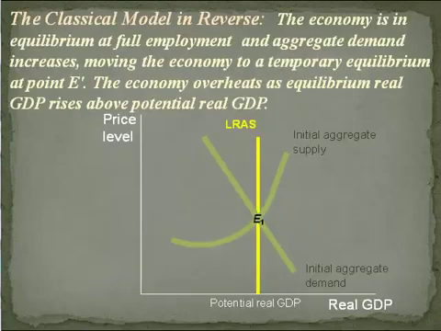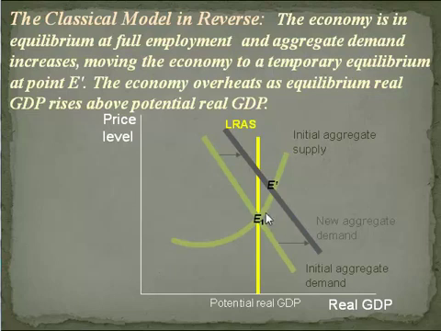So let's take a look at the classical model. The economy is in equilibrium at full employment and aggregate demand increases. As aggregate demand increases, it moves the economy to a temporary equilibrium point at E prime, right here. The economy overheats as equilibrium real GDP rises above the potential real GDP level.